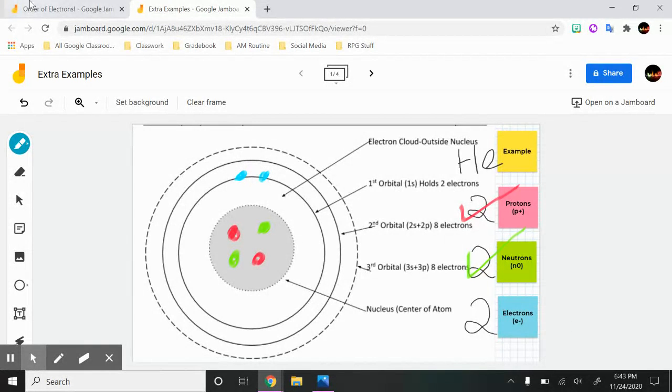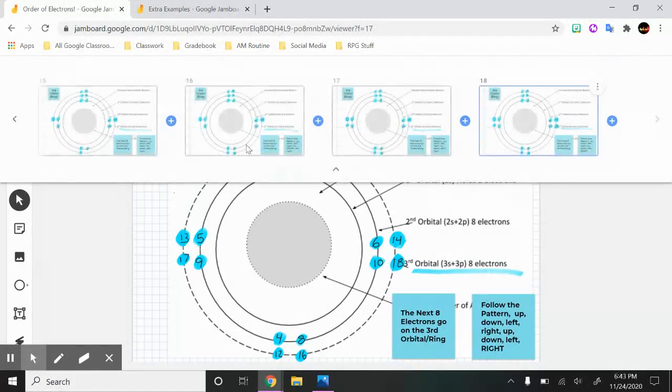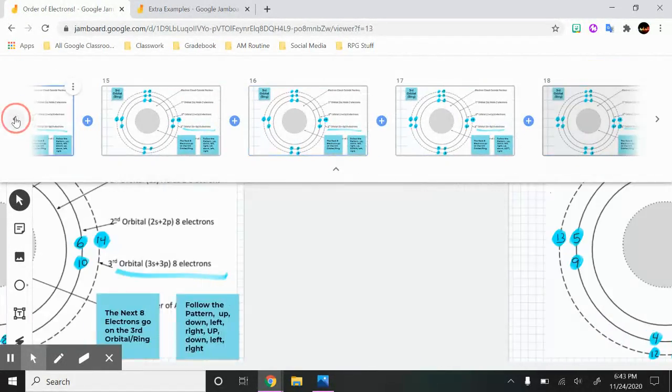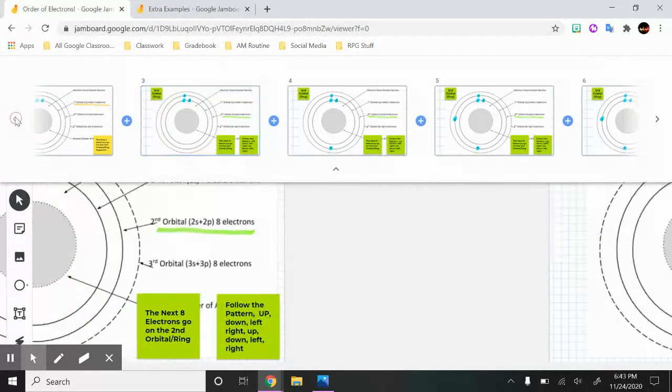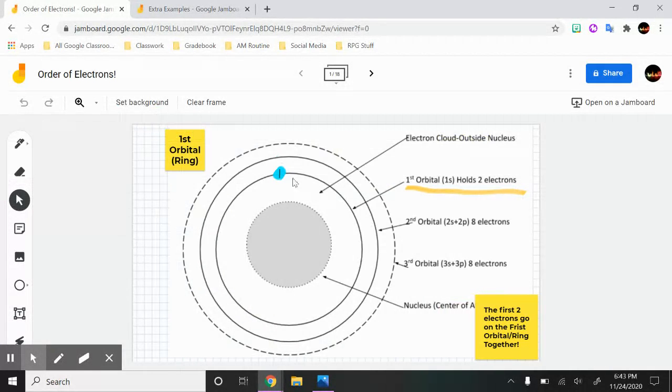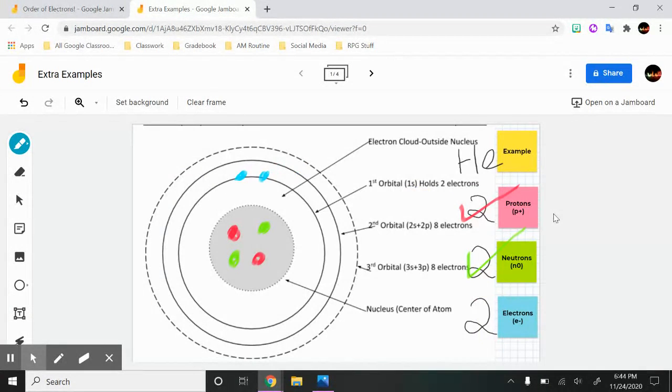Going back to our order of the electrons document, the first one goes on the first ring, and the second one goes right next to it. So this was pretty easy. We put the first 2 on the first ring together, and the protons and neutrons go in the nucleus.